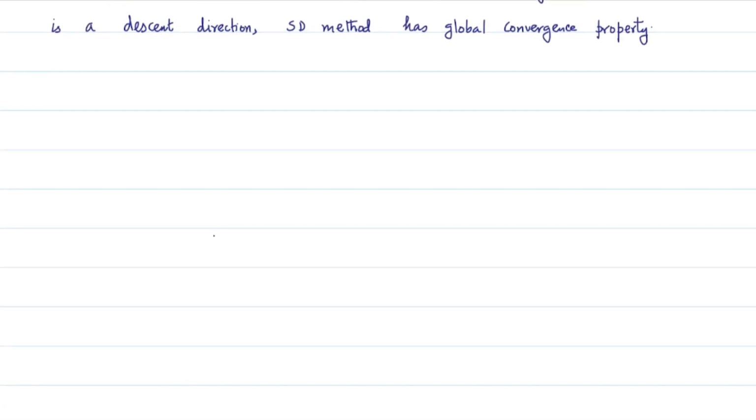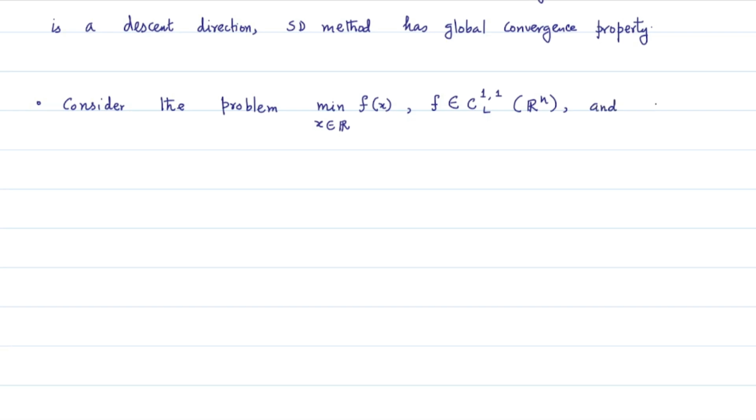To identify the rate of convergence, we consider the unconstrained optimization problem, with the objective function f for which we have the global convergence property, a C^{1,1}_L function in the n-dimensional Euclidean space Rn, and also assume that the function f is bounded below.